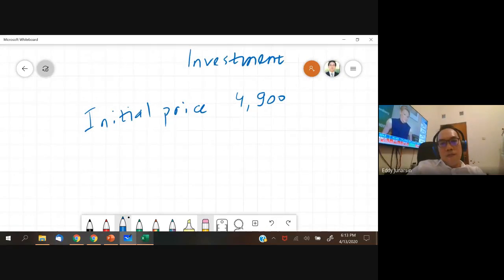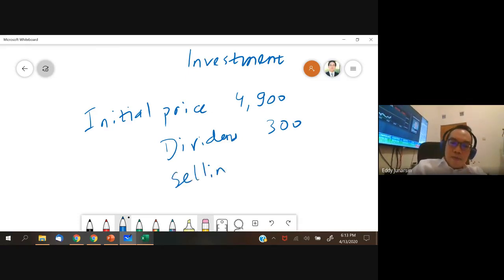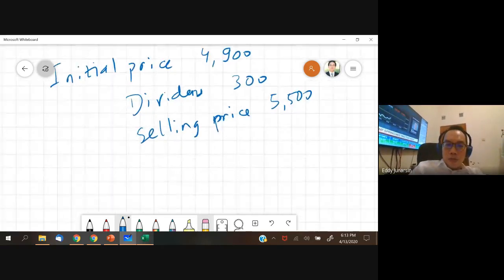So initial price of 4,900, and suppose during the holding of the stock, you earn dividend of 300 a piece, 300 per share, and when you sell it, maybe a month or 2 months later, the selling price is 5,500.